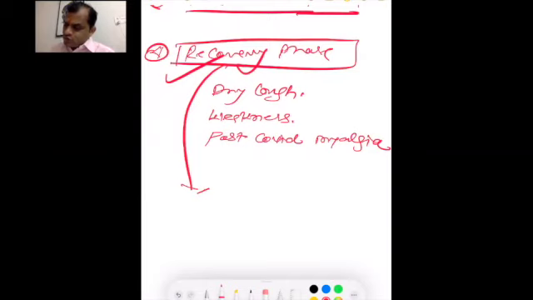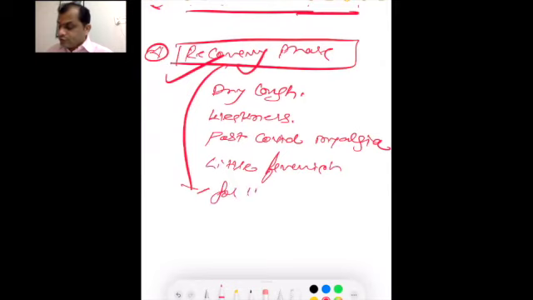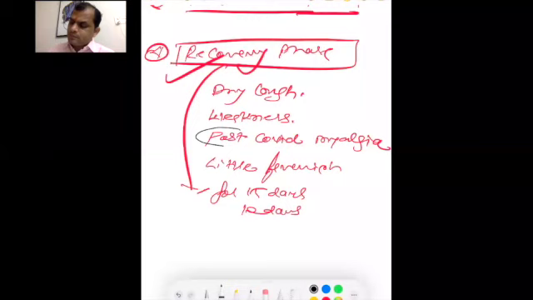The post-COVID myalgia. And many persons are feeling a little feverish for 15 days, 10 days, and slowly they are recovering. But there's a very common problem that is called post-COVID myalgia.